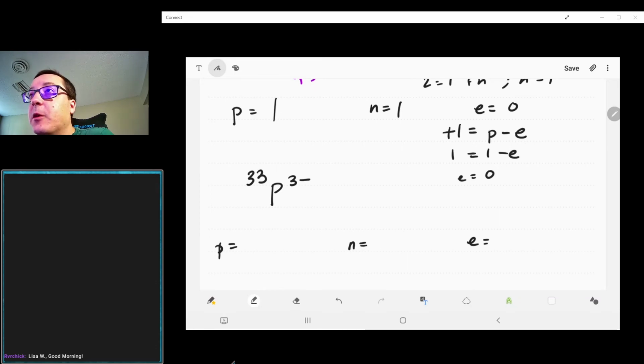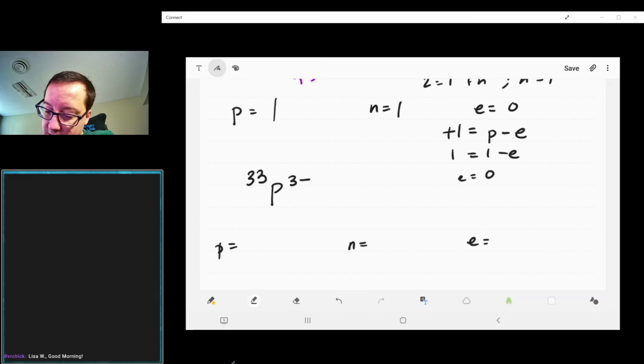So notice that we are missing one piece of information from our element symbol. It's not quite complete, right? We have 2 of our numbers there, but we're missing the last one. However, there is an easy way we can figure out what the last one is.